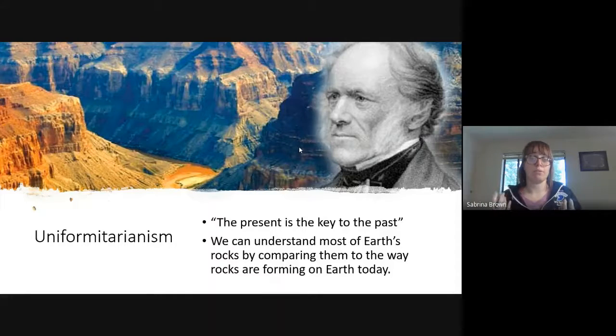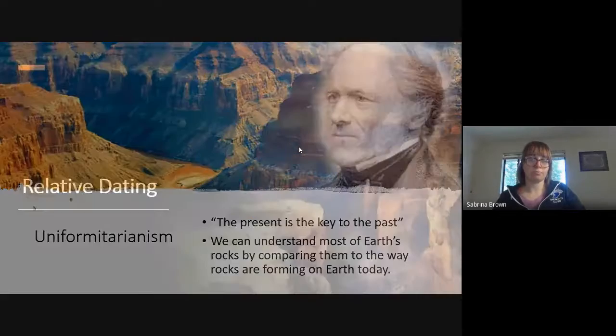We can go out and see where rocks are forming today, and we can use what we understand about how rocks form today to understand how they formed in the past, because we assume that this process has been constant and hasn't changed, right? So we sum that up by saying the present is the key to the past.